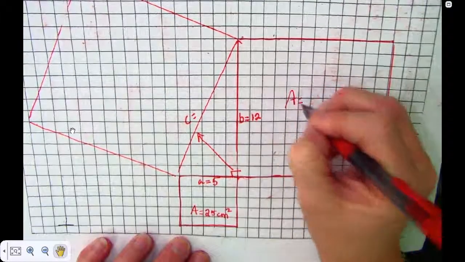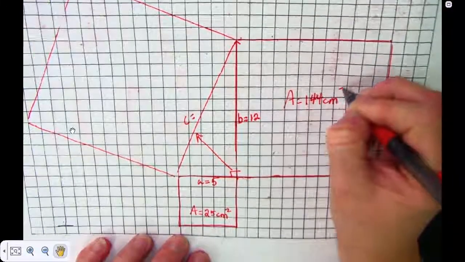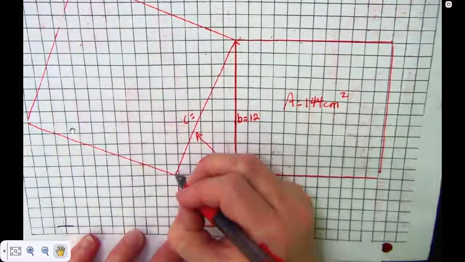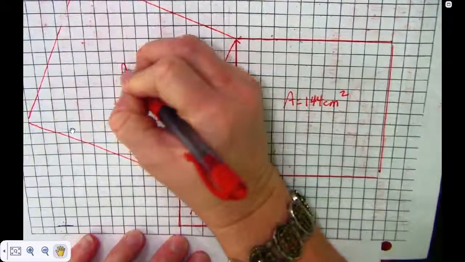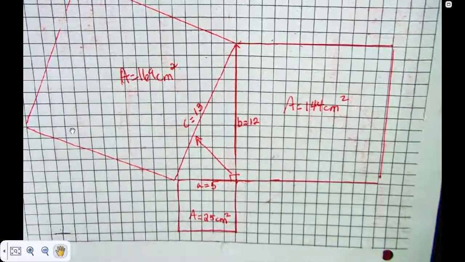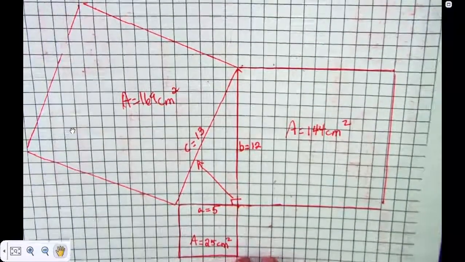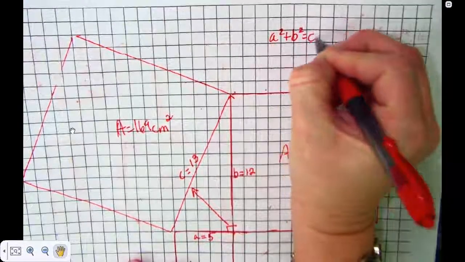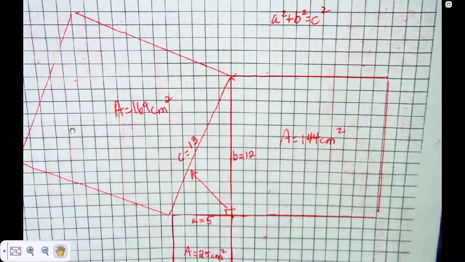So the area of that square is 144. And then C is 13. The area is 169. Okay, let's come up here. Get everything labeled, the side lengths labeled and the areas labeled.